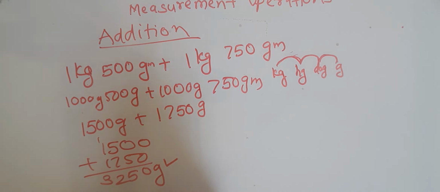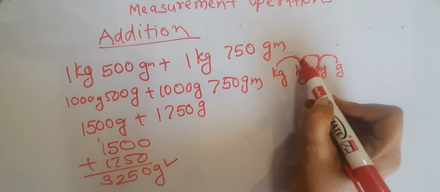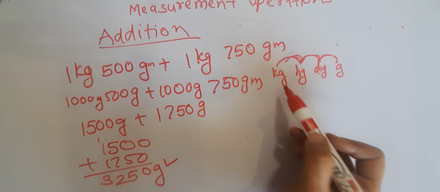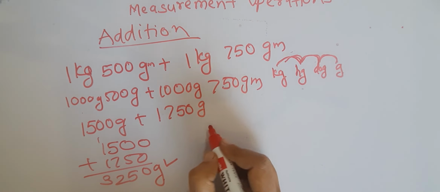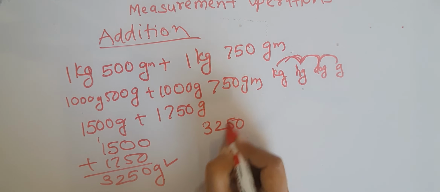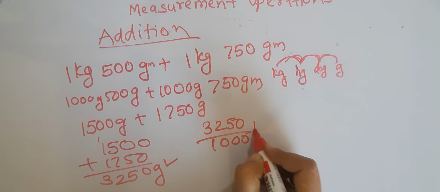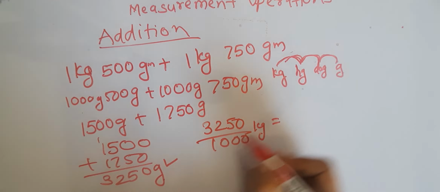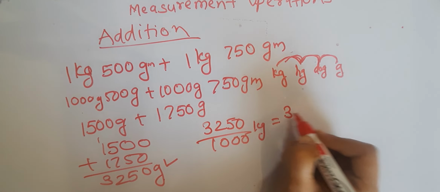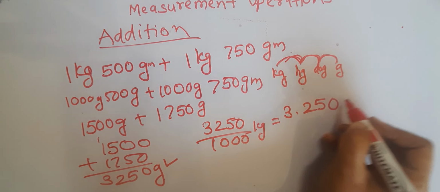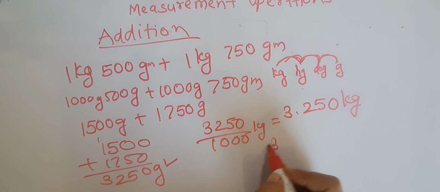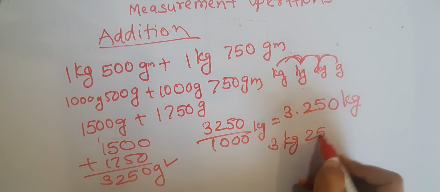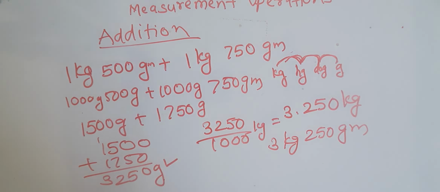How can we do it? Now we will convert gram into kilogram. As we are going from smaller to bigger, we will do division, and by how much? Again it is 10, 100, 1000. So it will be 3250 divided by 1000 kilogram, that is 3 places after the decimal point, so it is 3.250 kilogram or 3 kilogram 250 gram.